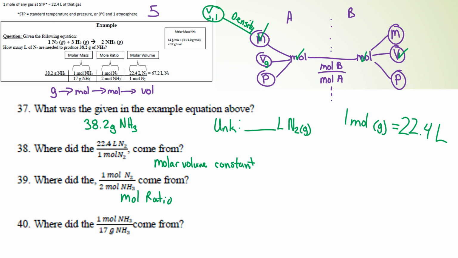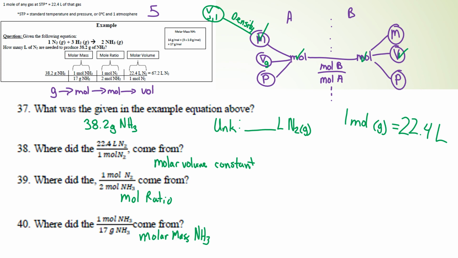Remember, that comes from the coefficients in the balanced equation. And where does the 1 mole of NH3 to 17 grams of NH3 come from? That's the molar mass of ammonia.